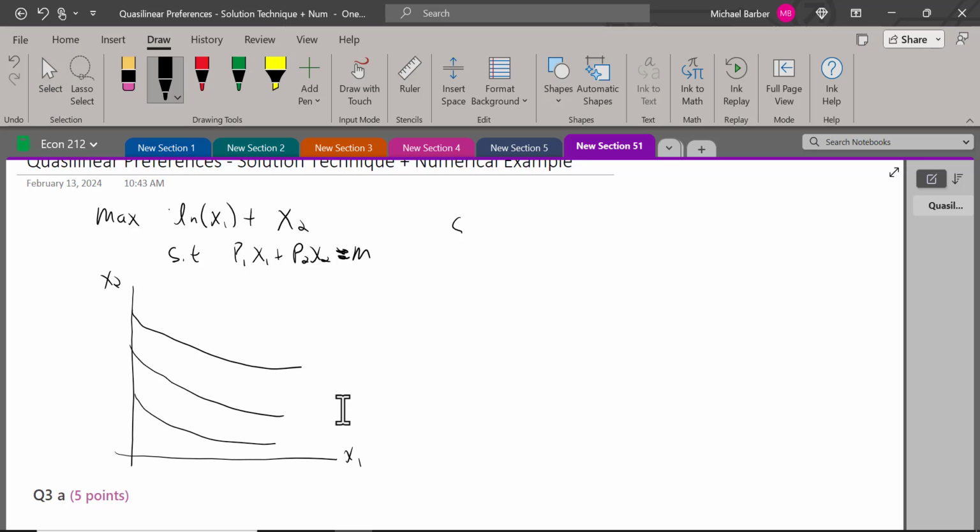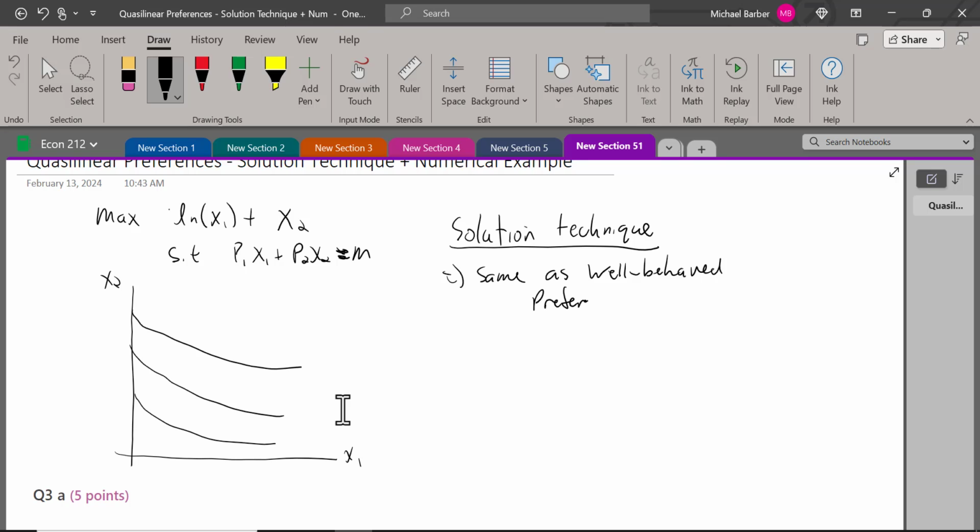So the solution technique here, so these are obviously pretty easy to identify. It will say quasi-linear. You can just look at the utility function and see that it's quasi-linear. It's essentially going to be the same as well-behaved preferences. So if you haven't watched that well-behaved preferences video, you can go back and watch that.